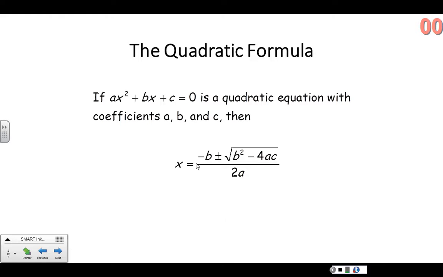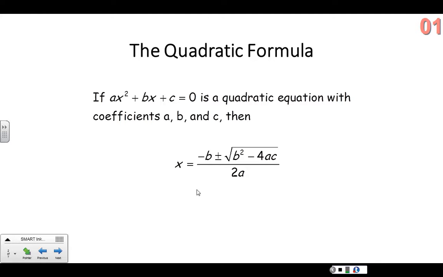X equals the opposite of b. Some people read this as negative b. This actually means the opposite of b, plus or minus the square root of b squared minus 4 times a times c, and then that's all divided by 2 times a. So it's just going to be plugging the numbers a, b, and c from your equation into this specific formula, and then we're going to simplify the formula down.